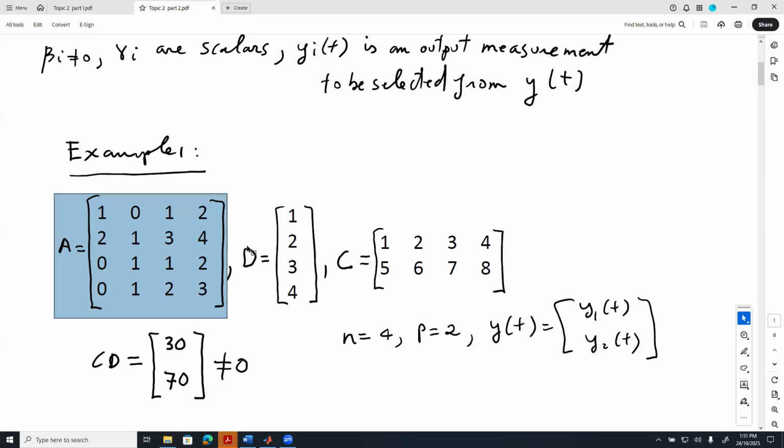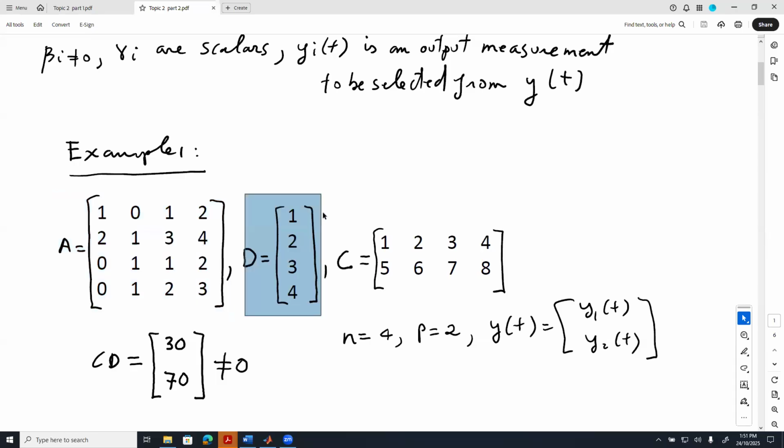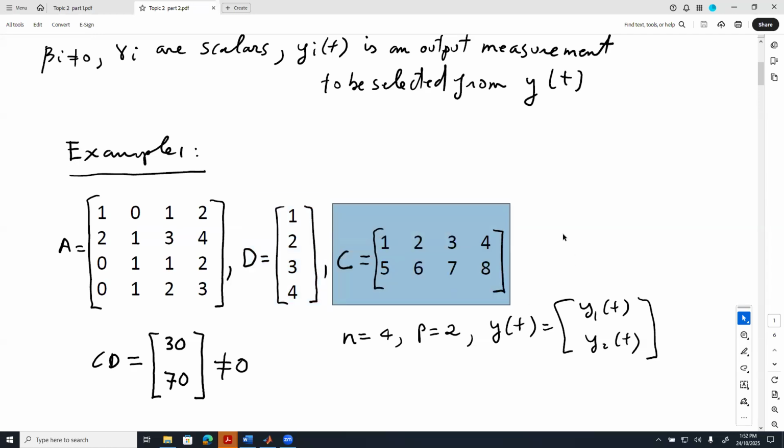And we also pick matrix D, and we make the elements in matrix D simply 1, 2, 3, and 4. And likewise, we pick the matrix C to be a 2x4 matrix.